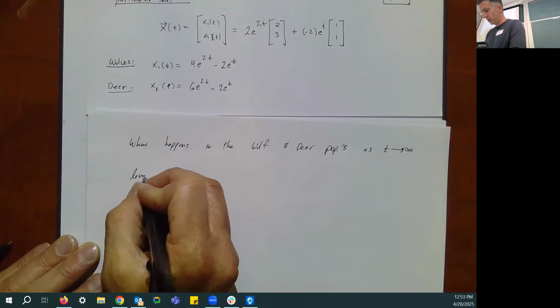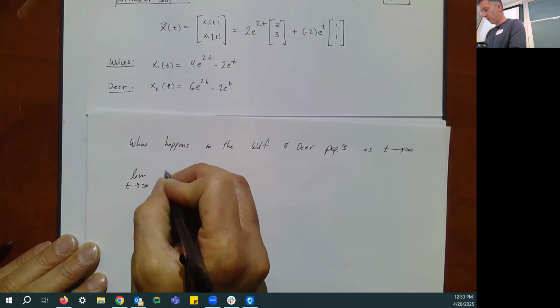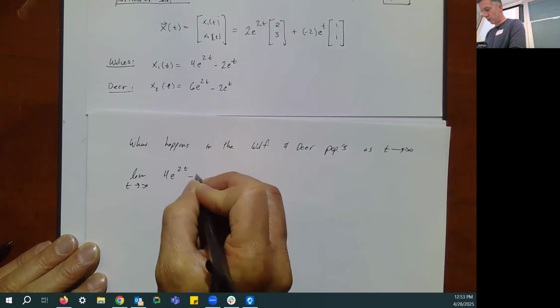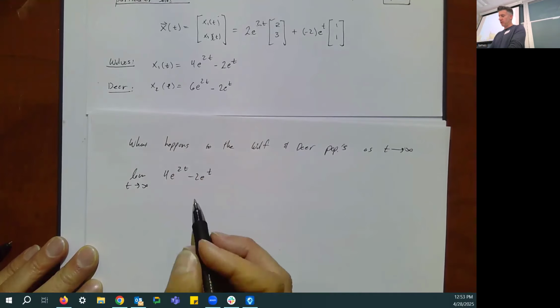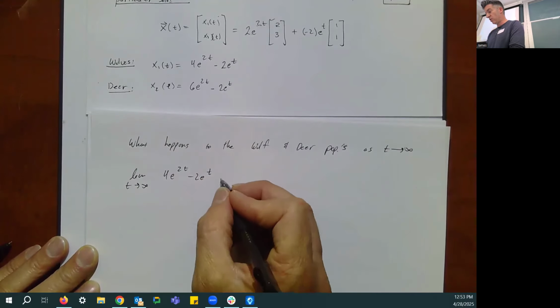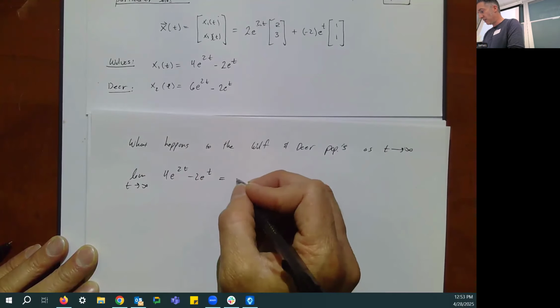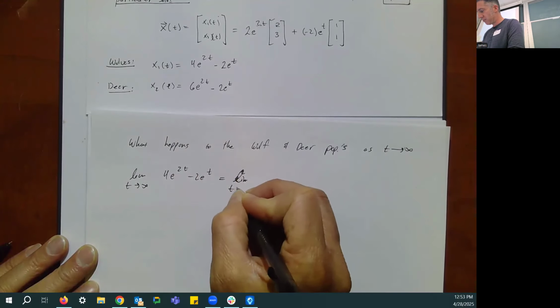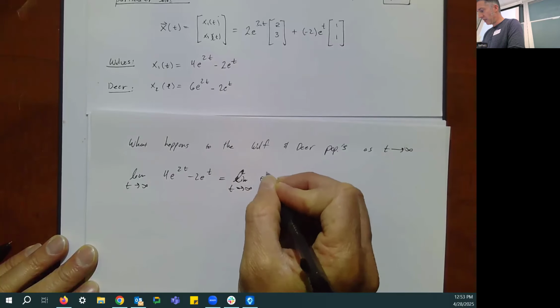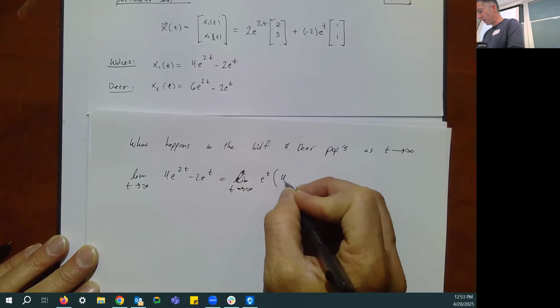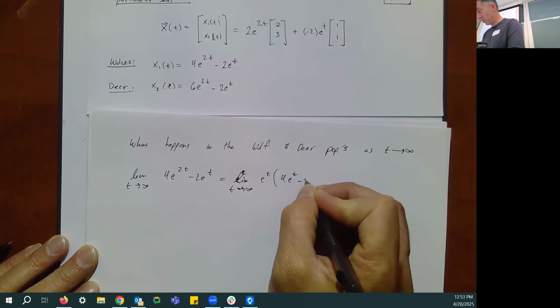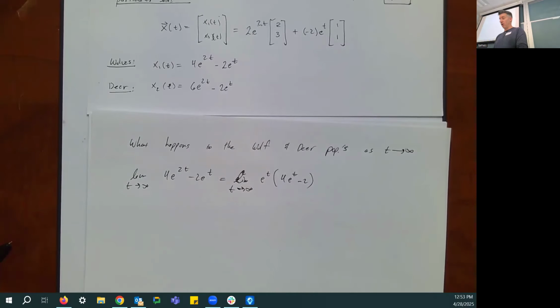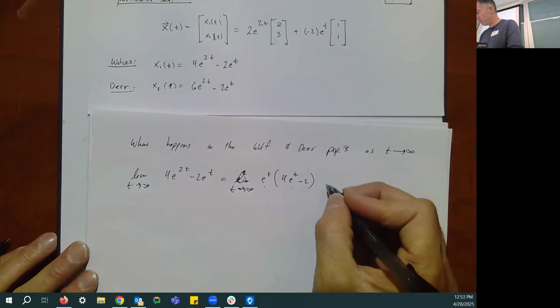The limit as t goes to infinity of 4e to the 2t minus 2e to the t. If it's harder to see that this one's going to outpace that one, you could also just factor out an e to the t and say you have the limit of e to the t times 4e to the t minus 2. And then it's a little easier to see that that's going to infinity, that's going to infinity, and infinity times infinity is infinity.